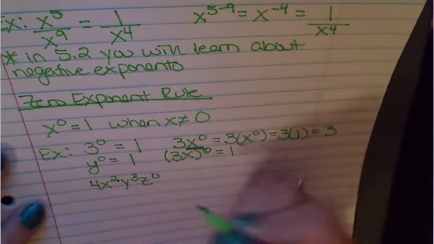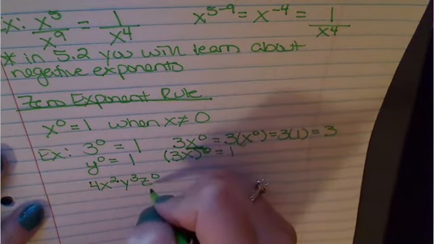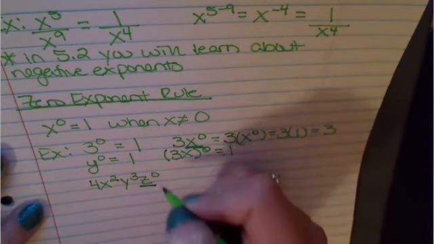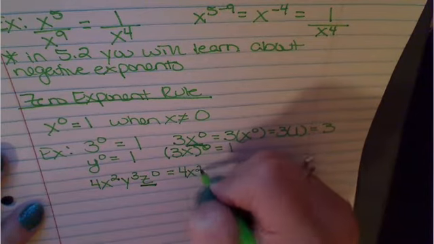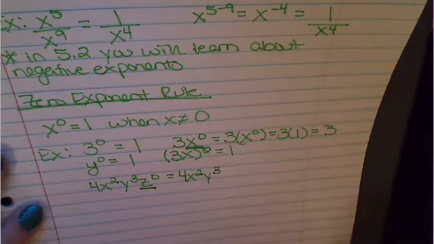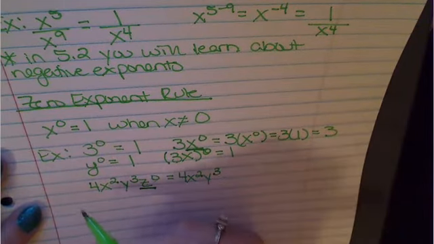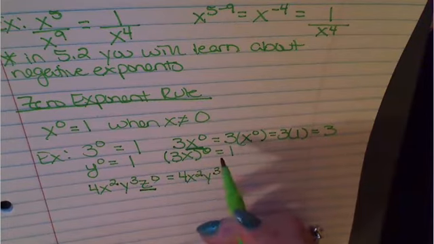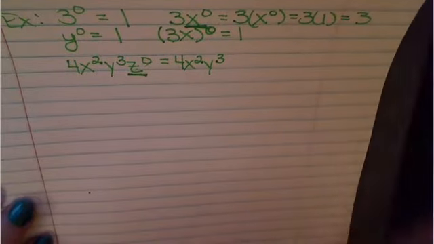Again, you have to look and see what exactly is attached to that exponent, and it's just that z. So that means we have 4x squared, y to the third, because this went to 1. So we're just left with that. That's all you have to do with the 0 exponent rule: if you get a 0 power, then that equals 1.